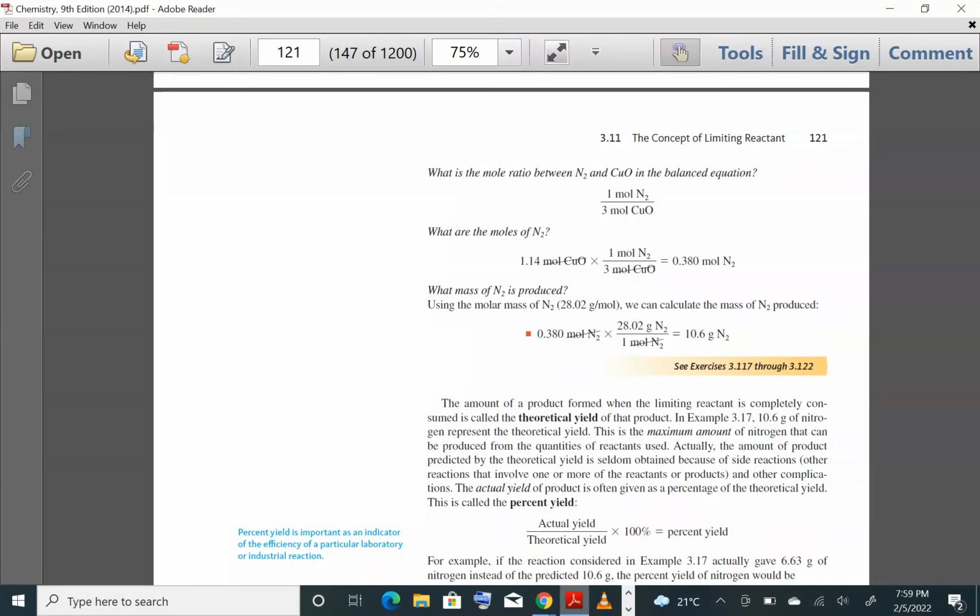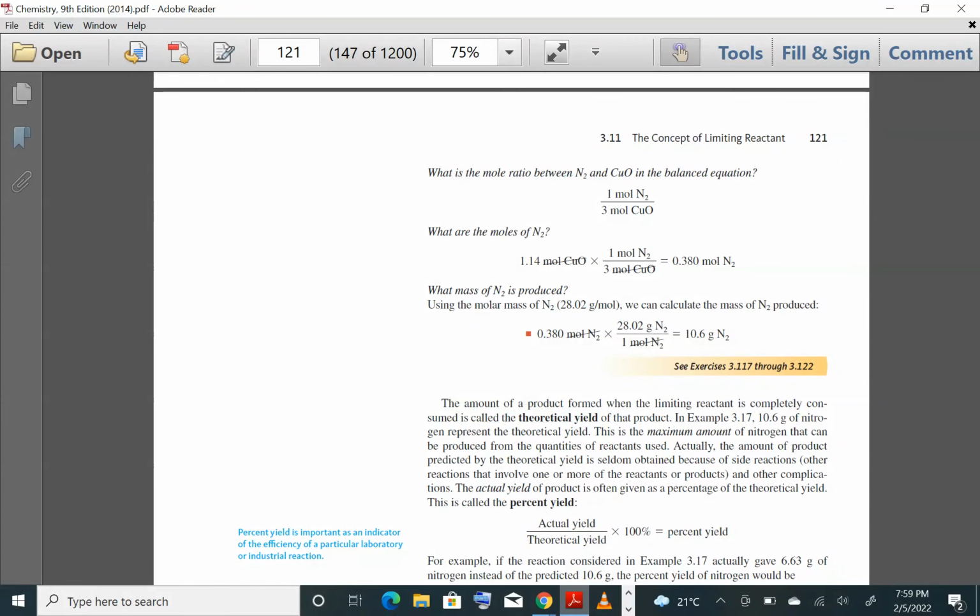So there are all those things, so much that the actual amount of the product that you get after you've done the reaction, that's what we call the actual yield.